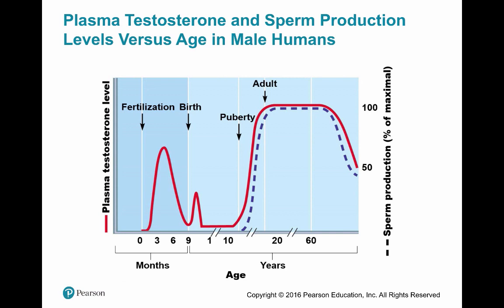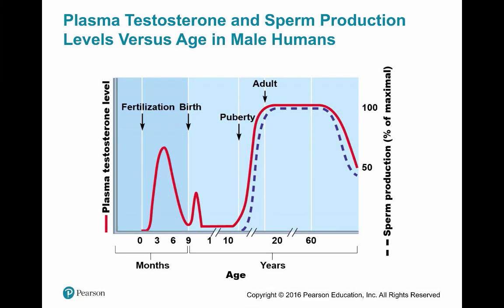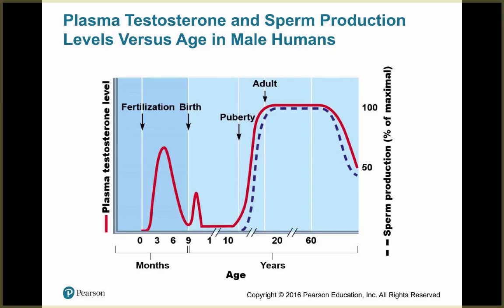You can see at fertilization they're high, but from about 3 to about 5 months it peaks, and then it slowly comes down till birth. It peaks really quick at the beginning, and then once you hit puberty until adulthood, it gets really, really high until about the age of 60, where it starts falling again.